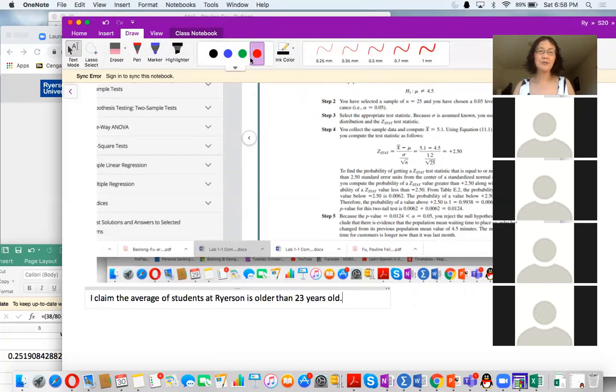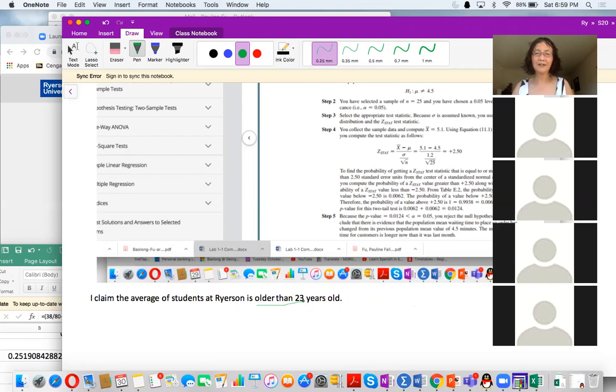If you have keywords like older than, younger than, greater than, smaller than, that usually is an indicator of a one-tailed test. Remember this: if the original question has older than, younger than, greater than, less than, more than, etc.